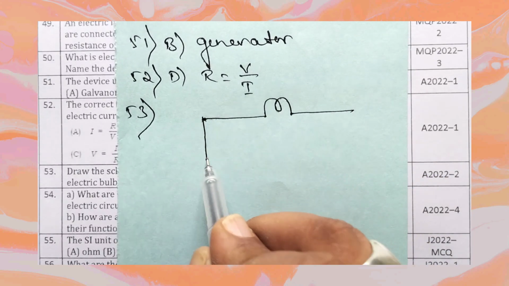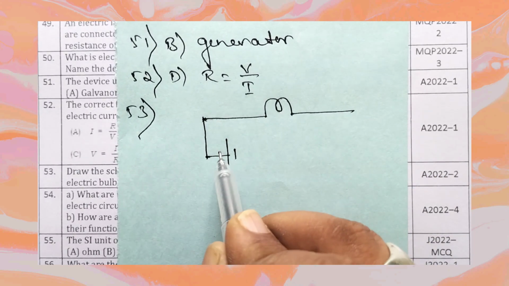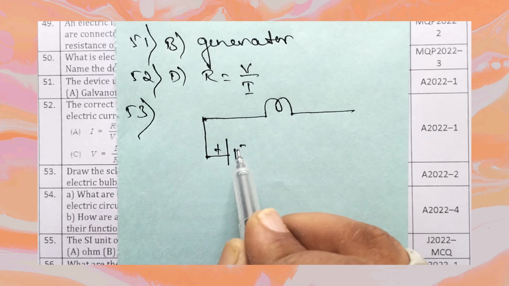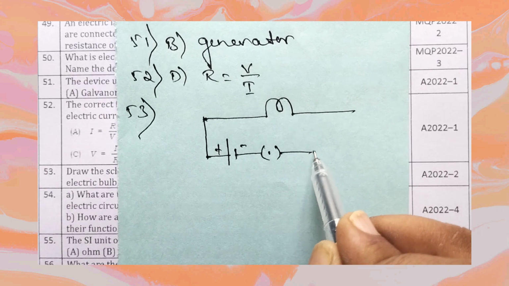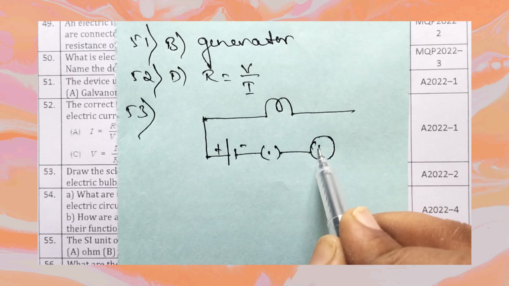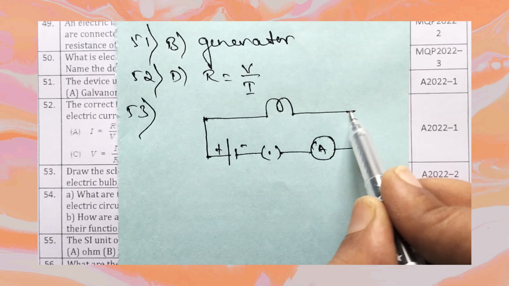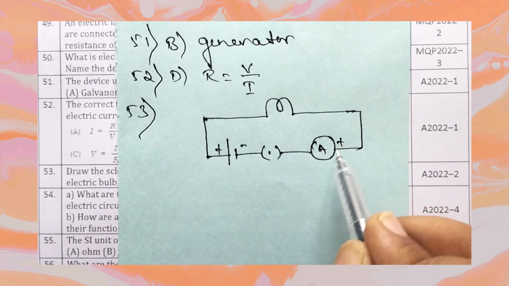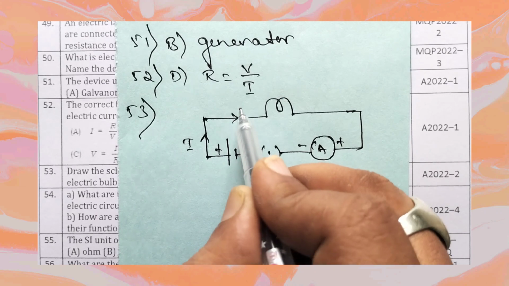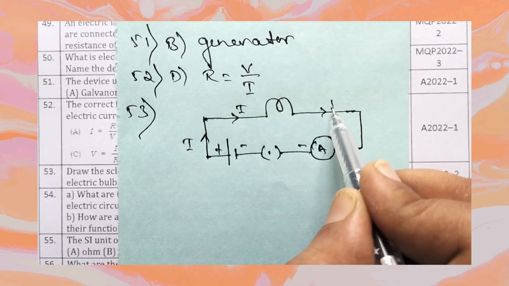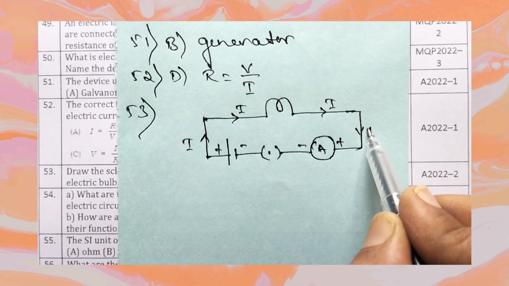This is the electric bulb, this is the cell, then this is the plug key and this is the ammeter. This is the direction of the current. Like this we have to draw one simple circuit.